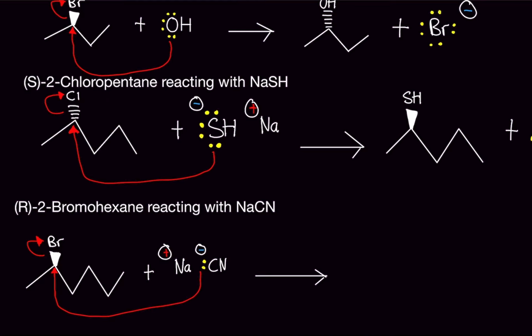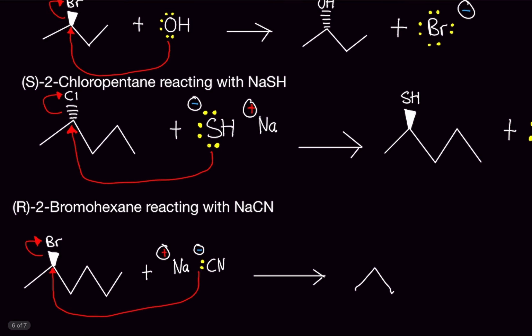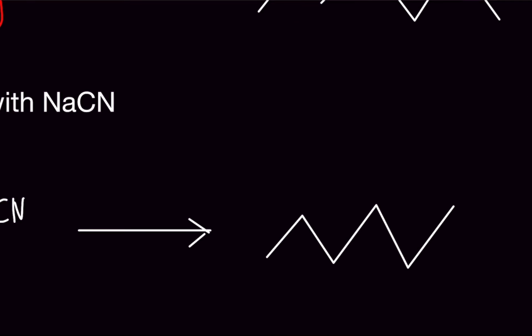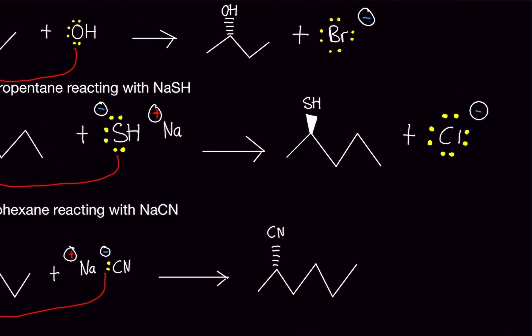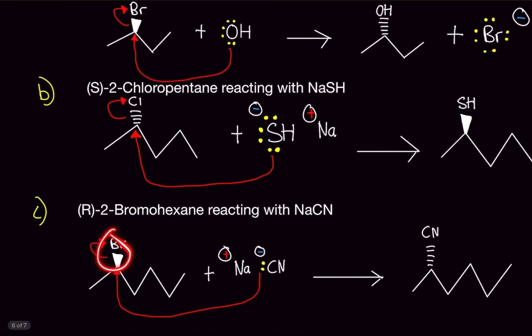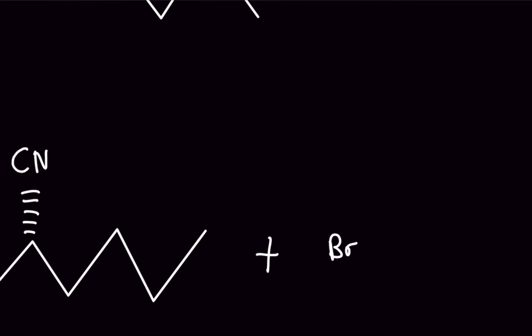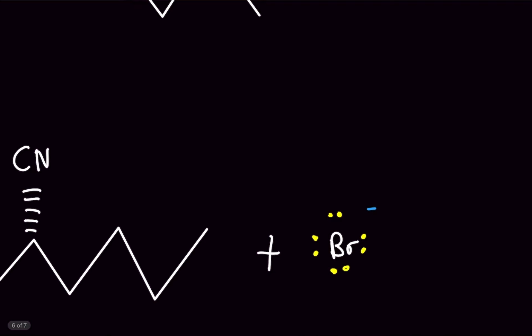Because this is a chiral carbon right here. 2, 3, 4, 6. There we go. And then plus what we have left over, which is the bromine here, because we let it go. So make sure you draw in the electrons. 1, 2, 4, 5, 6, 7, 8. And then the negative charge associated.